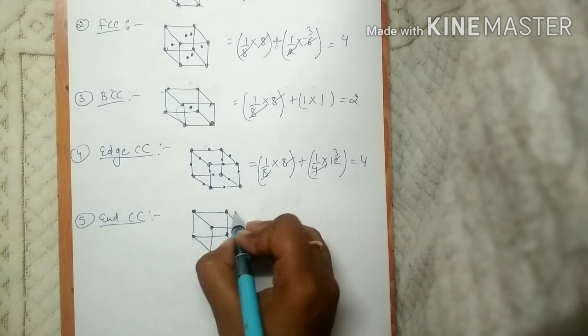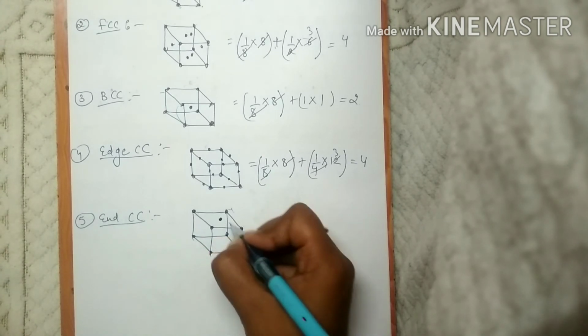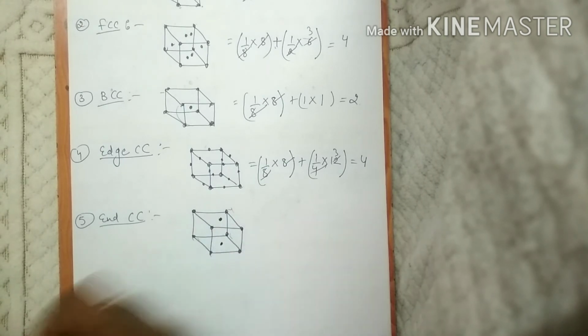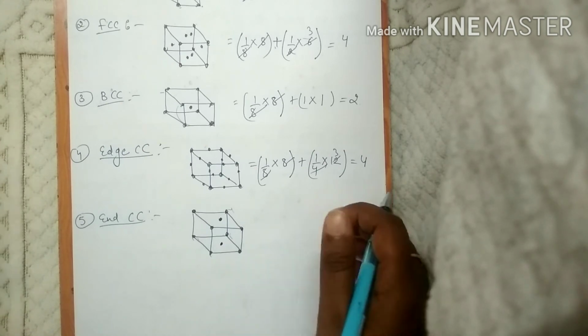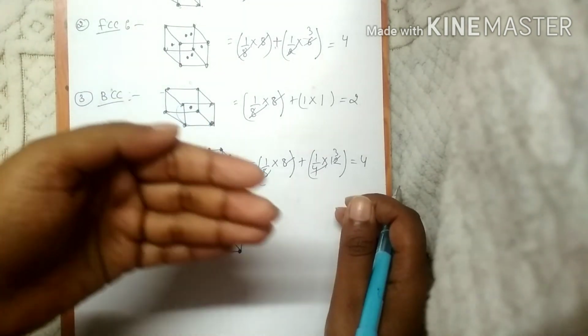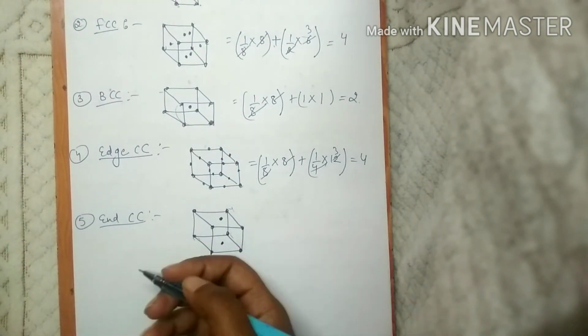Suppose I'm taking this up face, so one will be present here and one will be opposite to this, that is the downward face. Other possibilities can be the left face and the right face, and the other could be the front and the back face. So there are a total of 3 possibilities.